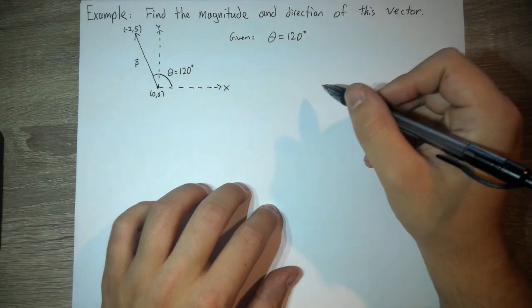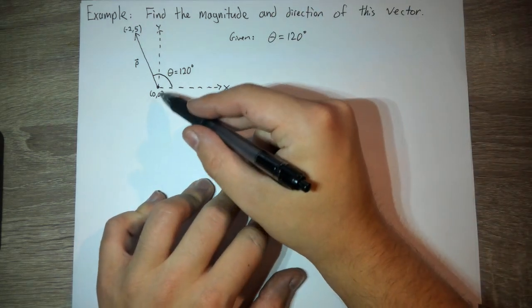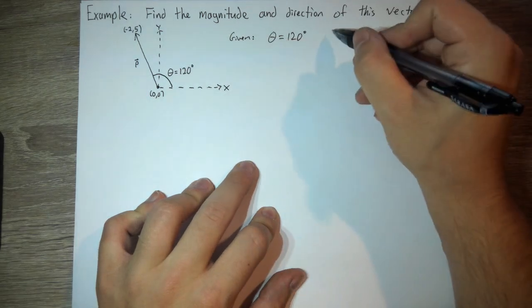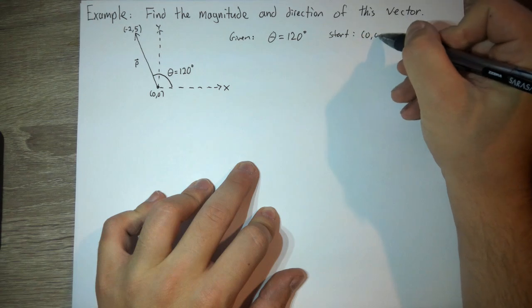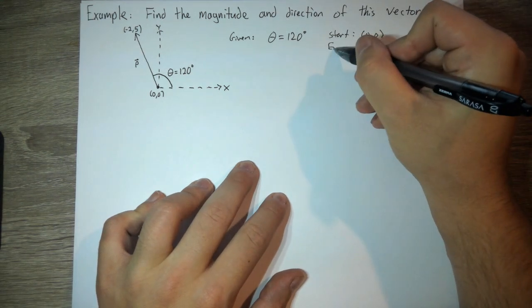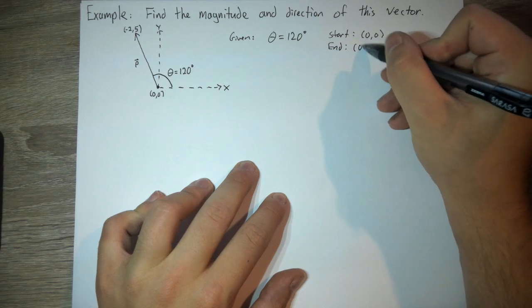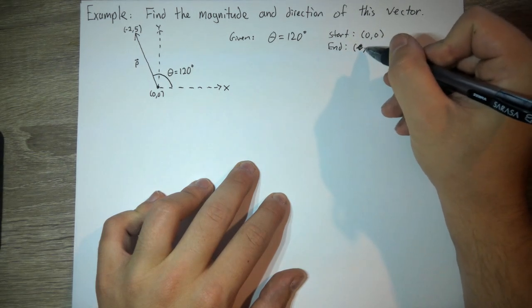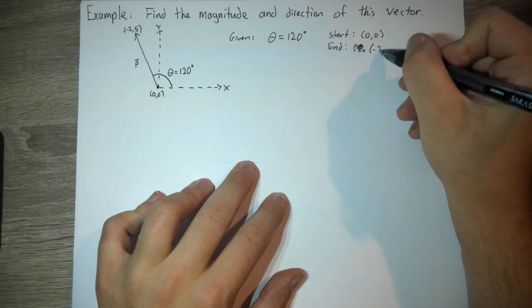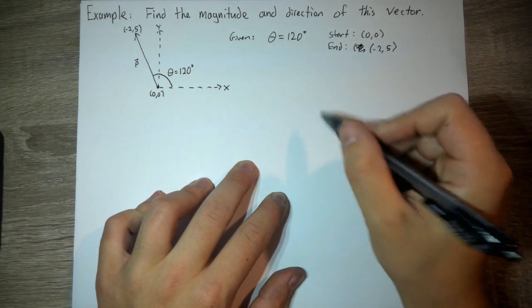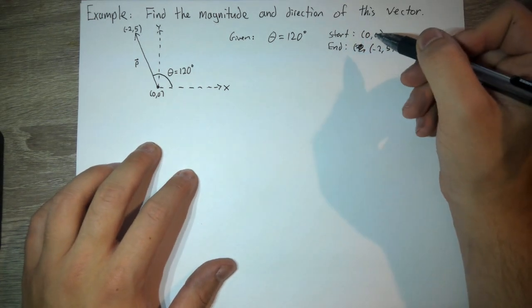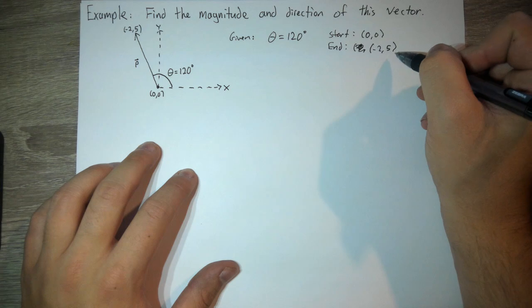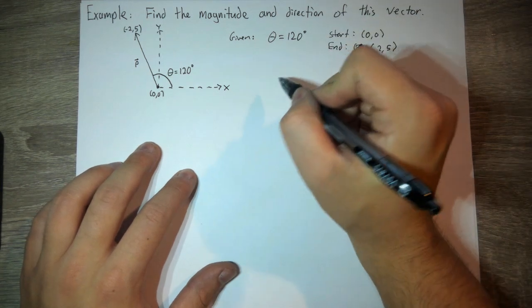And we're given 2 points, the start point of the vector and the ending point of the vector. So start is 0, 0, and end is -2, 5. From these starting and ending values, we can essentially just write out the components.